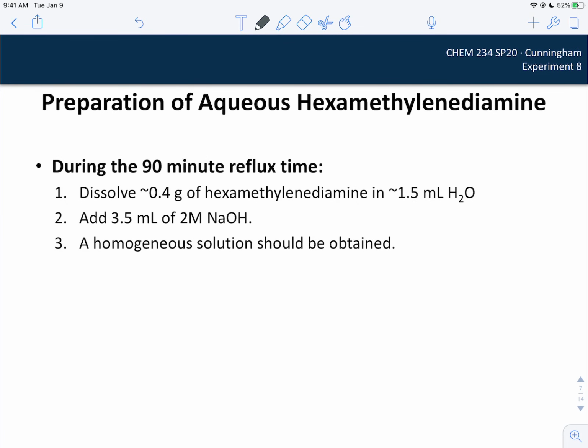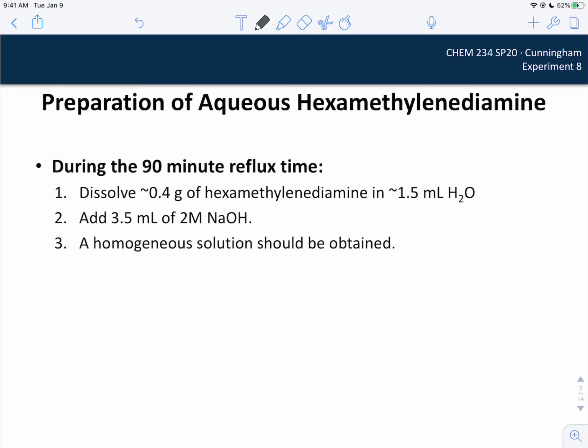So while this mechanism is taking place, we're waiting that 90-minute reflux period. We're going to dissolve about 0.4 grams of our hexamethylene diamine in water and add in 3.5 milliliters of 2 molar sodium hydroxide. This should give us a homogeneous solution.